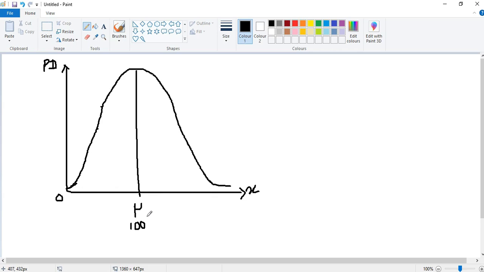Now first of all we must find where should 90 be placed. 90 is absolutely below 100, so somewhere close to 100 here. 90 is the x value I told you.